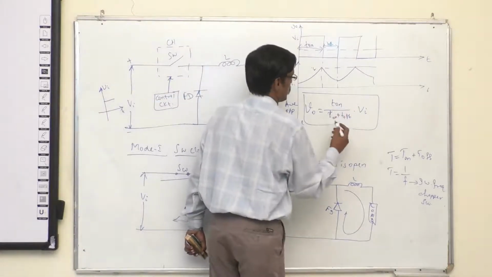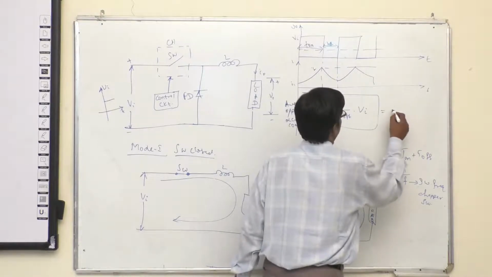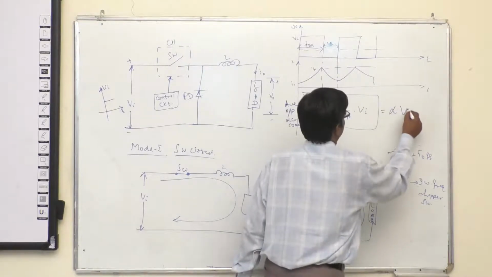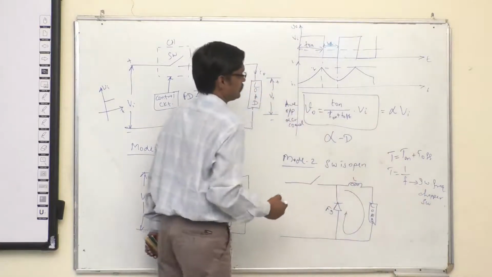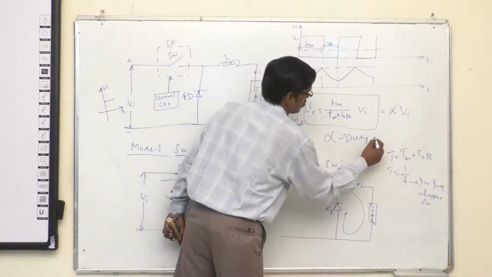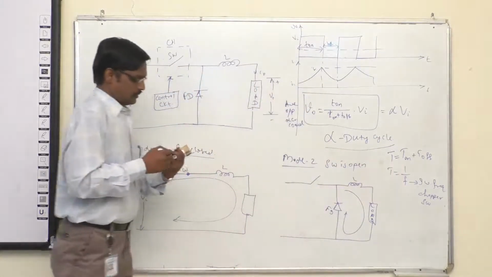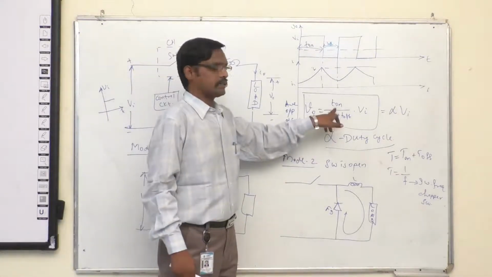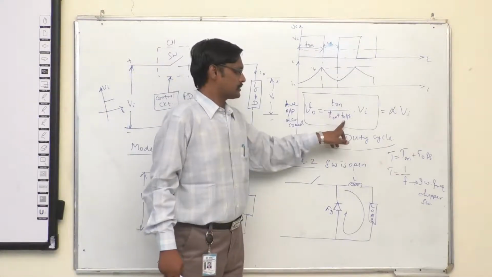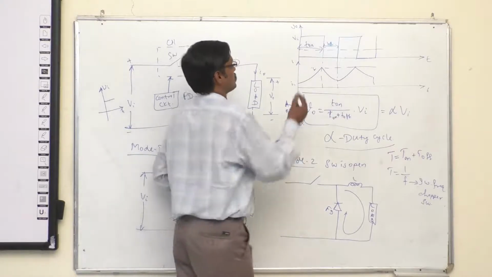This T on by T can be represented by a symbol alpha, which is nothing but the duty ratio or duty cycle. This alpha value is nothing but T on by T on plus T off, where T on plus T off is the total time period.